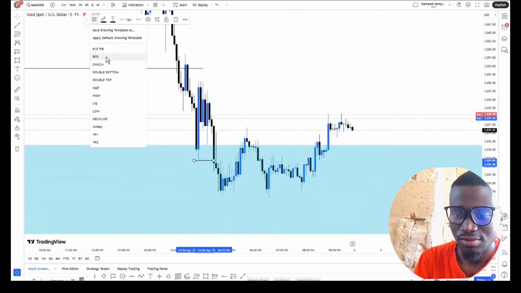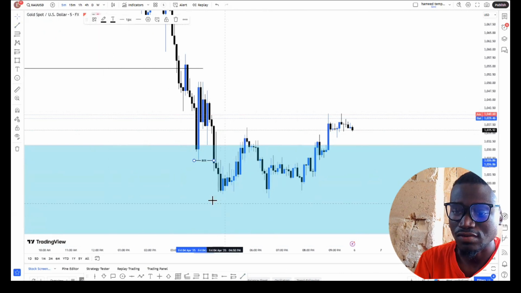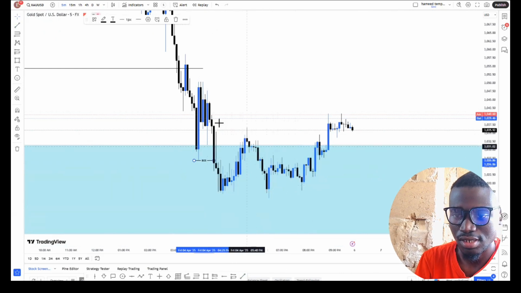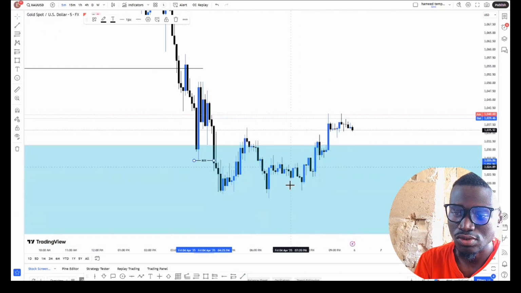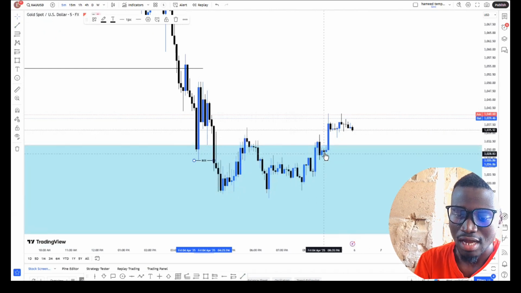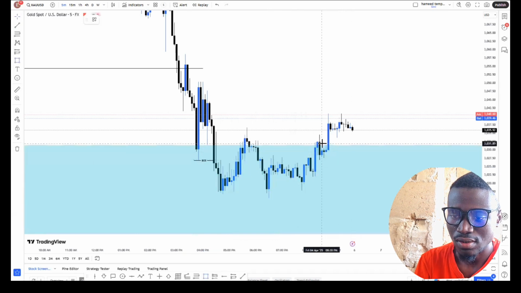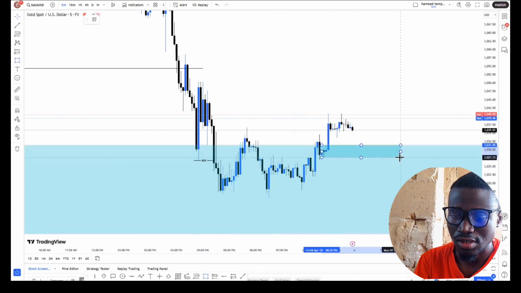So once we have this last break of structure here, market failed to give us another break of structure to the downside. Since then, market just broke this last high. So I'll be expecting market will come back into this level here. I have these two zones here, which is this one here or this one here.